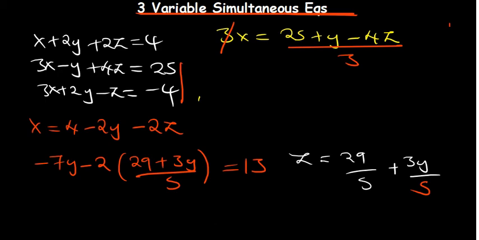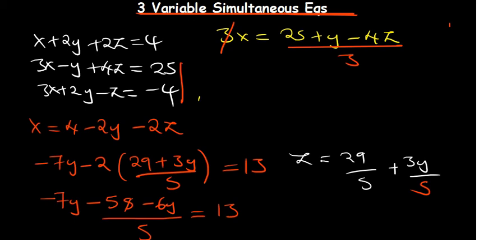So what do we have? Negative 7y, and then multiply by the 2. So 29 by 2 is what? 58. So minus 58, and then minus 6y, of course. This is all divided by 5 is equal to 13.